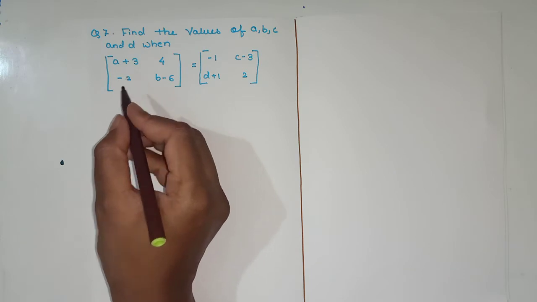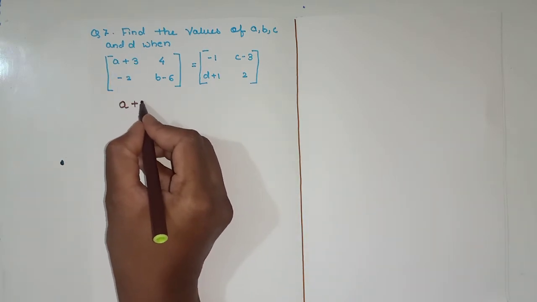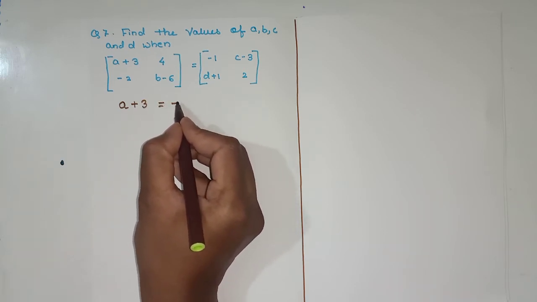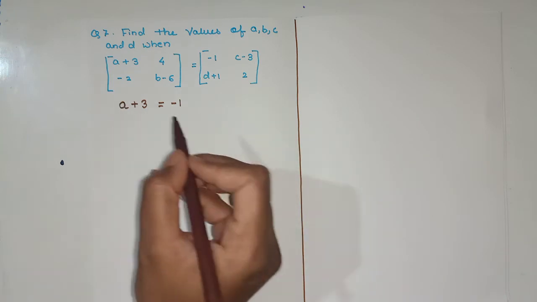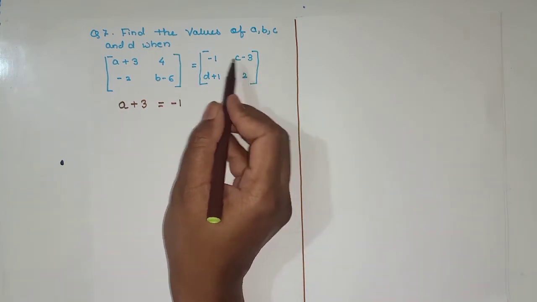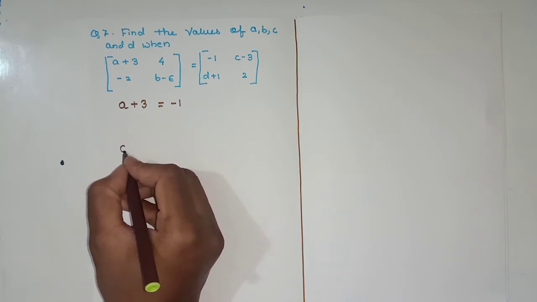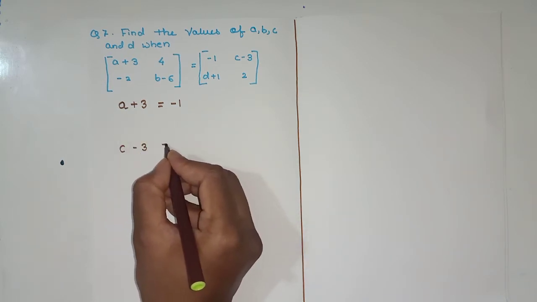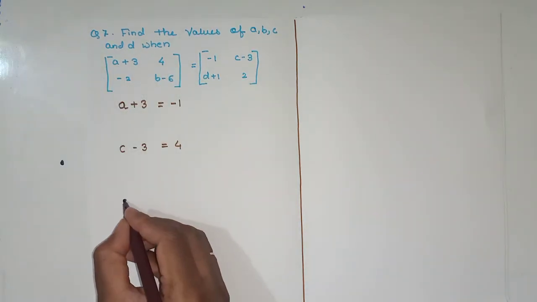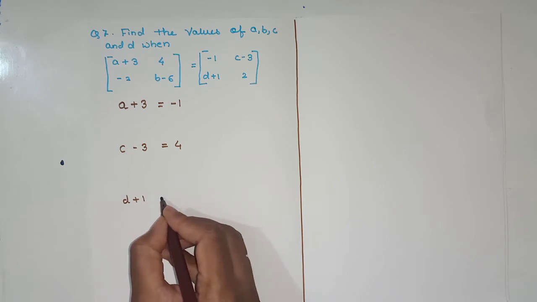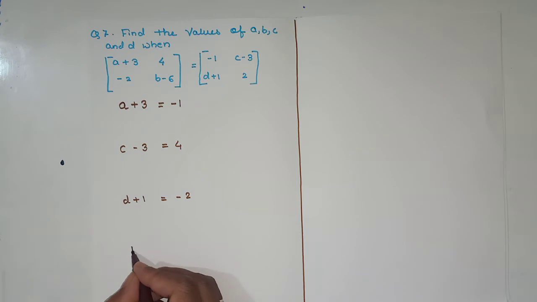So from this condition, A plus 3 equals minus 1. C minus 3 equals 4. D plus 1 equals minus 2. And B minus 6 equals 2.